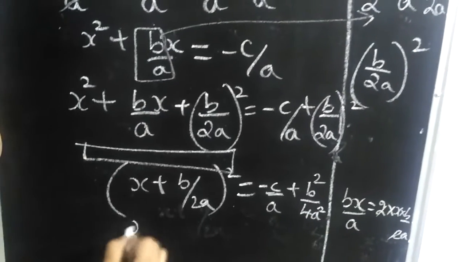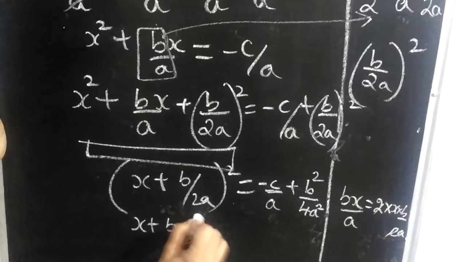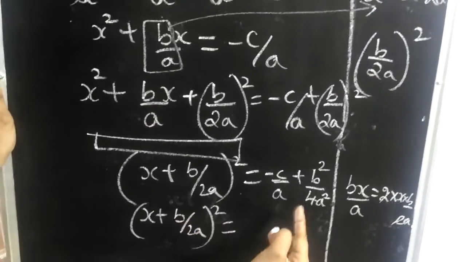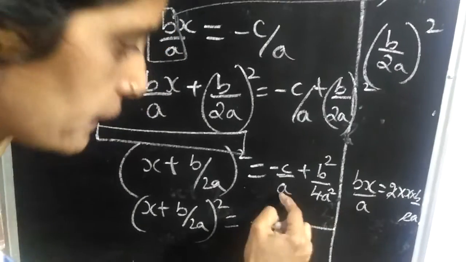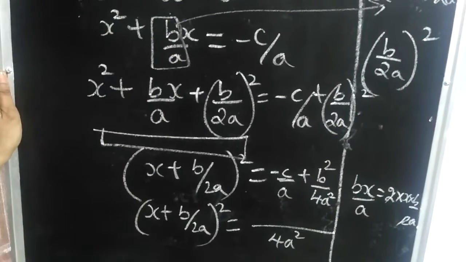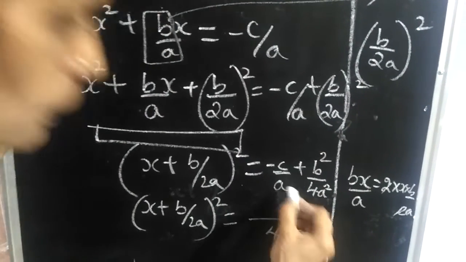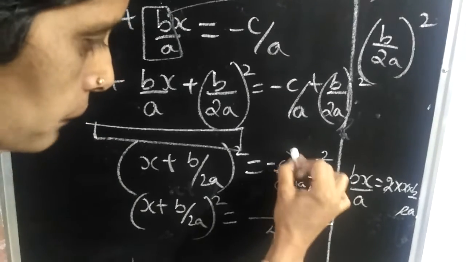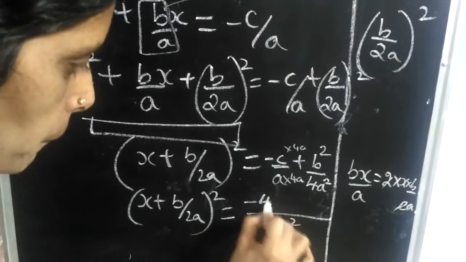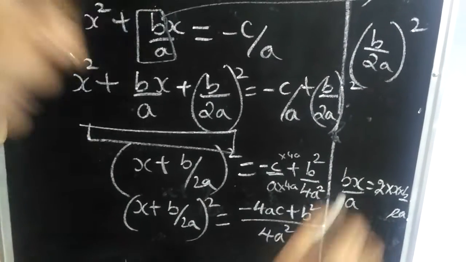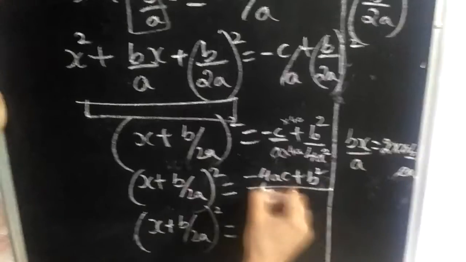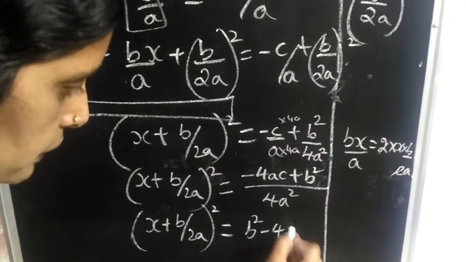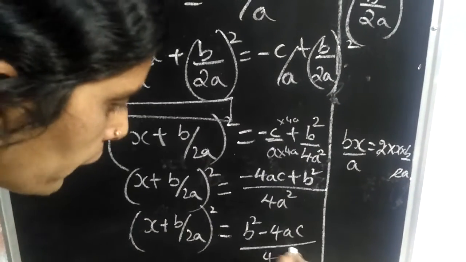Right? So now x plus b by 2a whole square is equal to, here what is the LCM? 4a square. For a and 4a square, the LCM is 4a square. Multiply by 4a. You will get minus 4ac plus b square. Right? So x plus b by 2a whole square is equal to b square minus 4ac by 4a square.